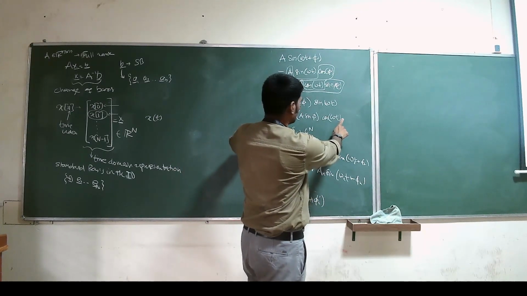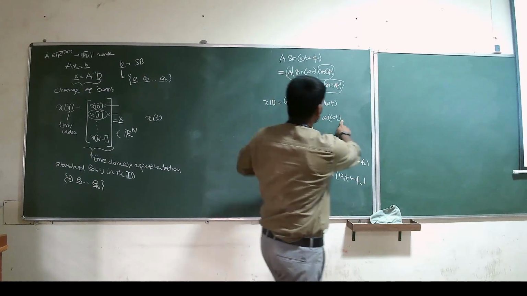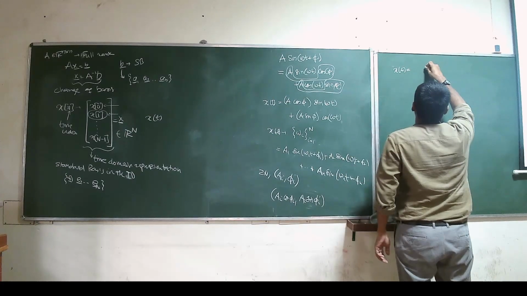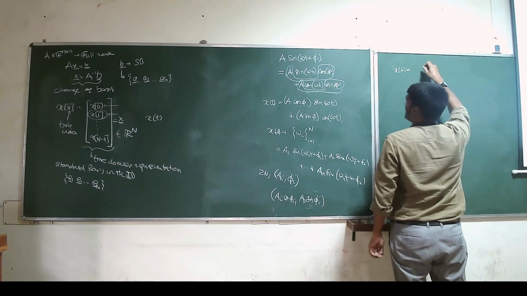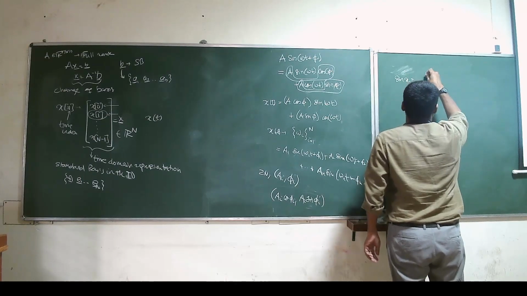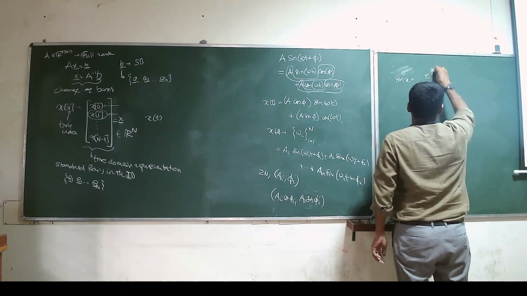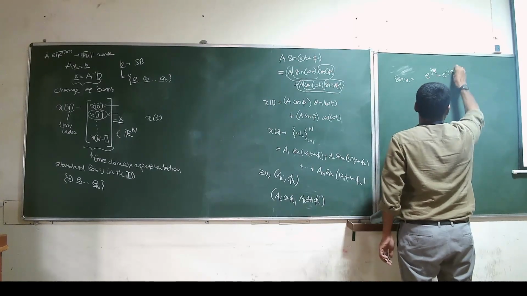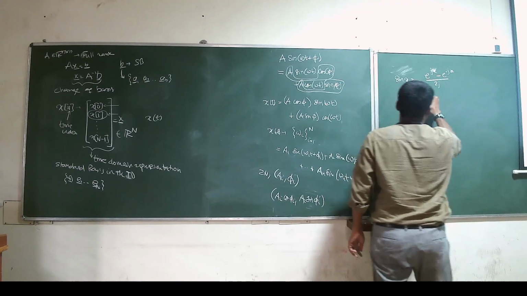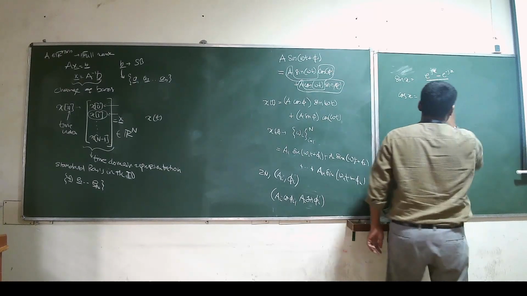If I were to take this, then it turns out I can represent this signal x of t as a sum of two signals like this. For example, I can write sin x as e power jx minus e power minus jx divided by 2j, or cos x as e power jx plus e power minus jx by 2.